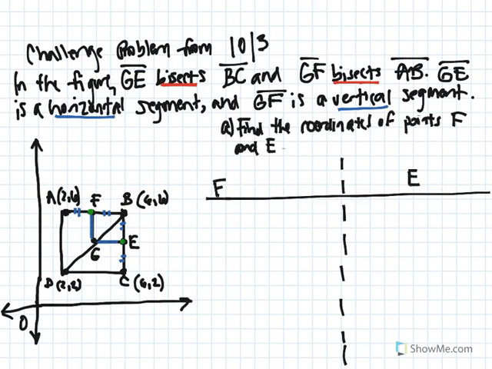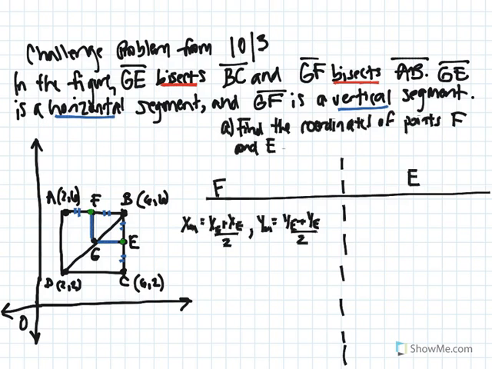All right, so I'm going to write out my formulas. I have x midpoint equals x endpoint plus x endpoint over 2. Y midpoint equals y endpoint plus y endpoint over 2. So the x midpoint is what we're looking for.